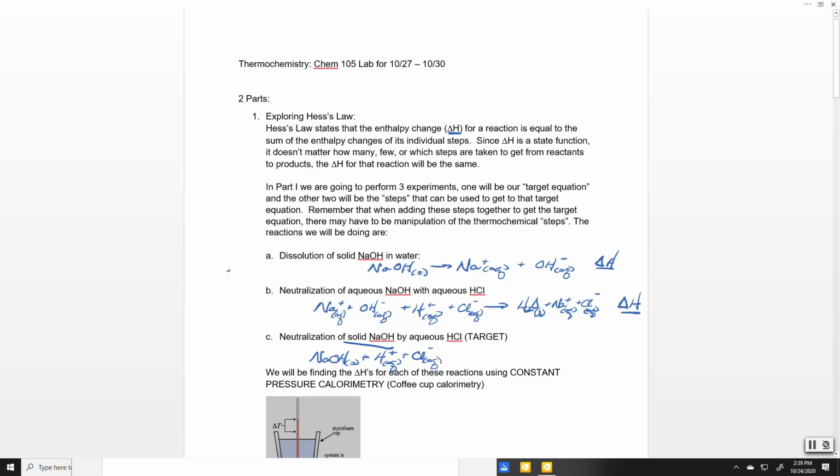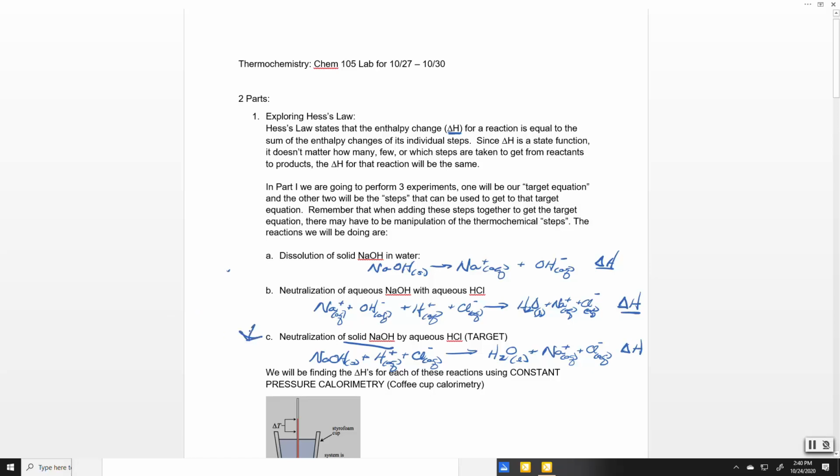This again is an acid-base reaction. So again, we're going to get water, and we're going to get some ions. Same ions as before. And we're going to measure the delta H for this reaction as well.